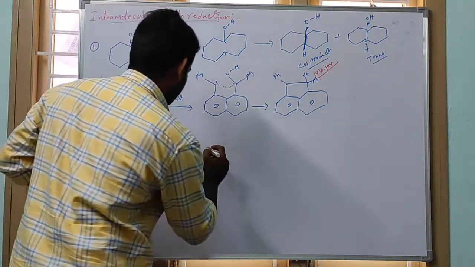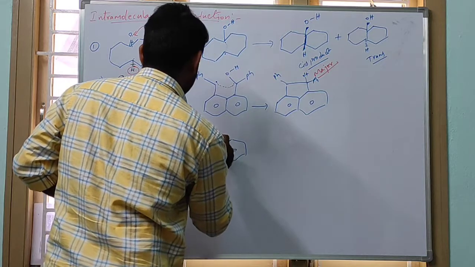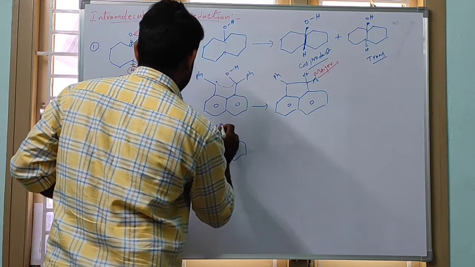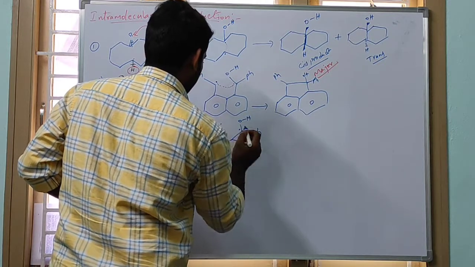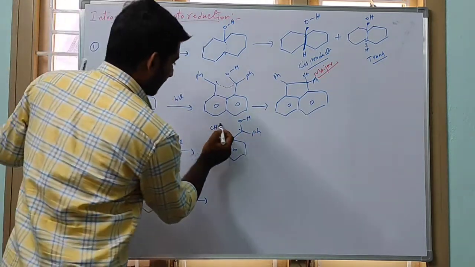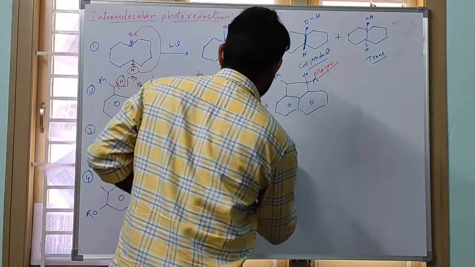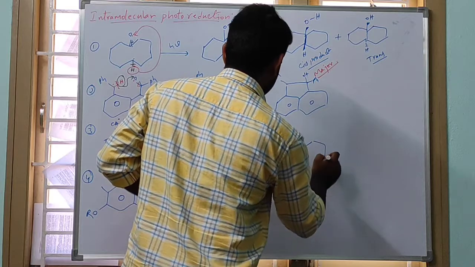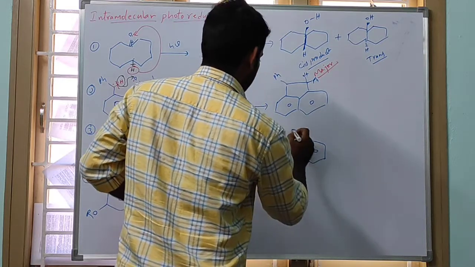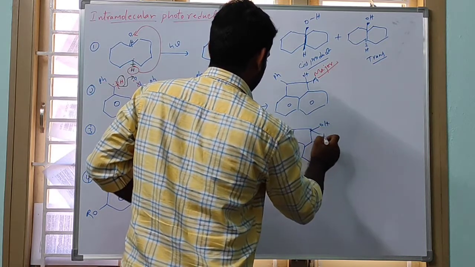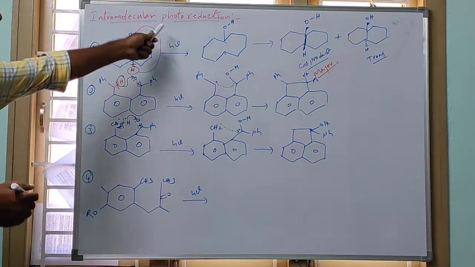So now CH2 radical, OH, and the PH is also one radical. Now this radical and this radical combining, it forms one sigma bond. CH2. This is also an intramolecular photoreduction.